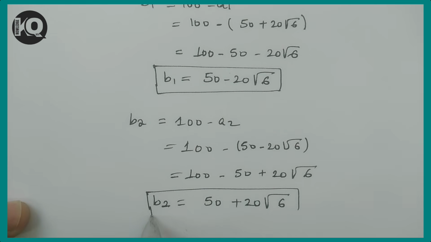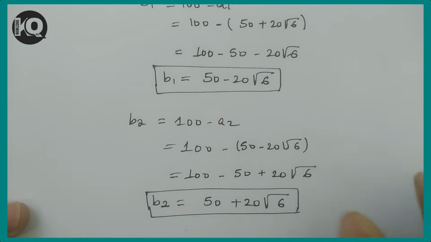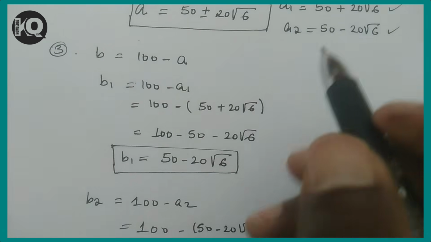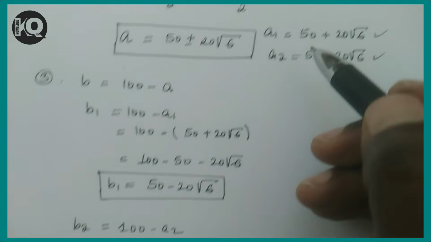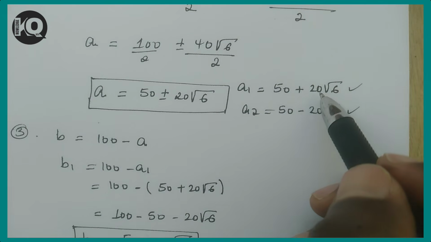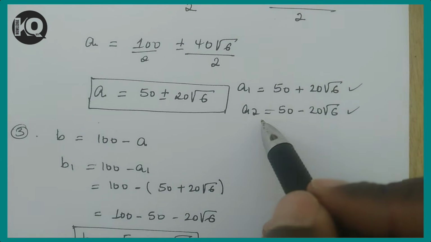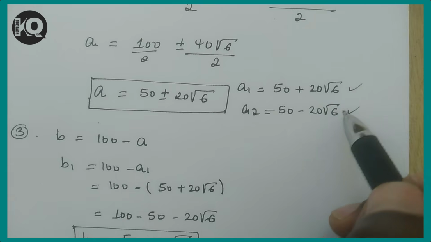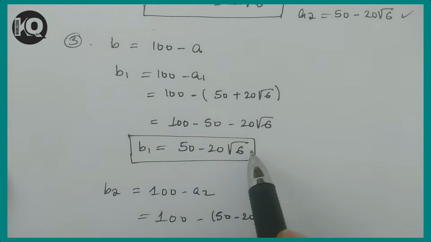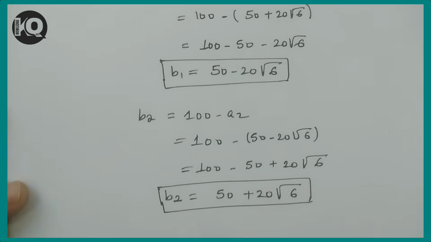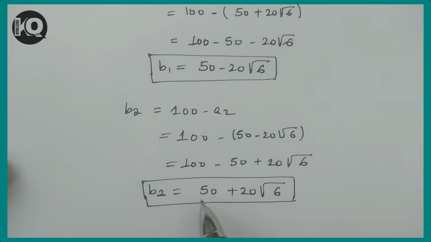So we have two pairs of solutions: a1 is 50 plus 20 times the square root of 6, a2 is 50 minus 20 times the square root of 6, and b1 is 50 minus 20 times the square root of 6, and b2 is 50 plus 20 times the square root of 6.